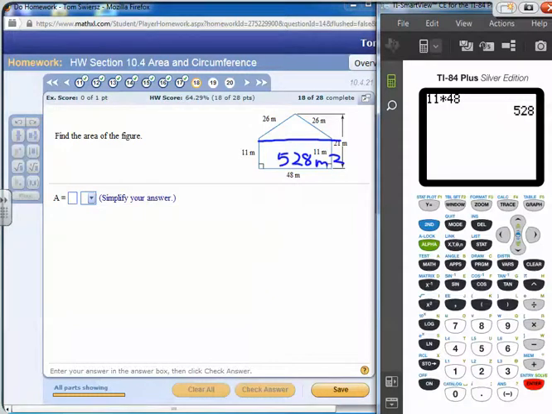Now, the top part is a triangle, right? Something like this. This side is the same as this side because rectangles have opposite sides the same. So this is 48. All the way from the top to the bottom is 21, okay?